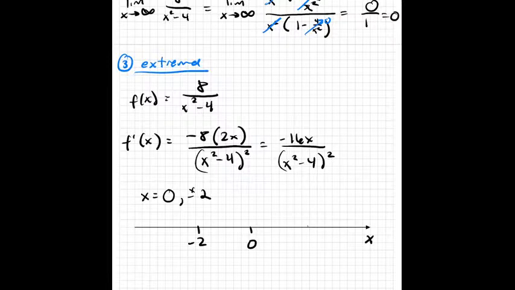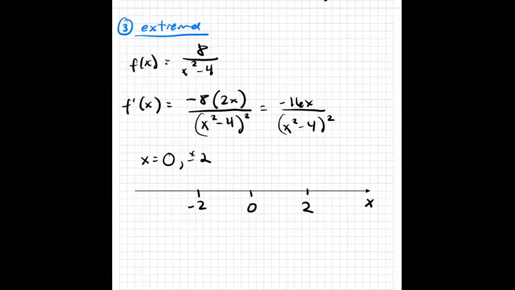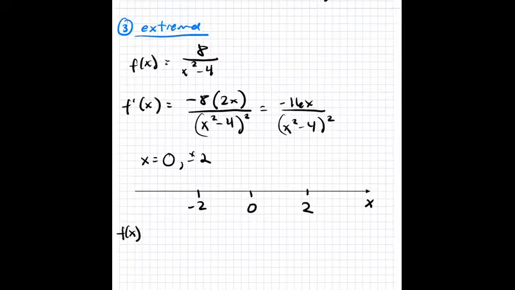Now, if we consider f of x, the original function, when x is 0, I think the corresponding y was, let me write it as an ordered pair, 0 comma negative 2. I think this was an asymptote here. This was an asymptote. Okay. Let's look at the first derivative.